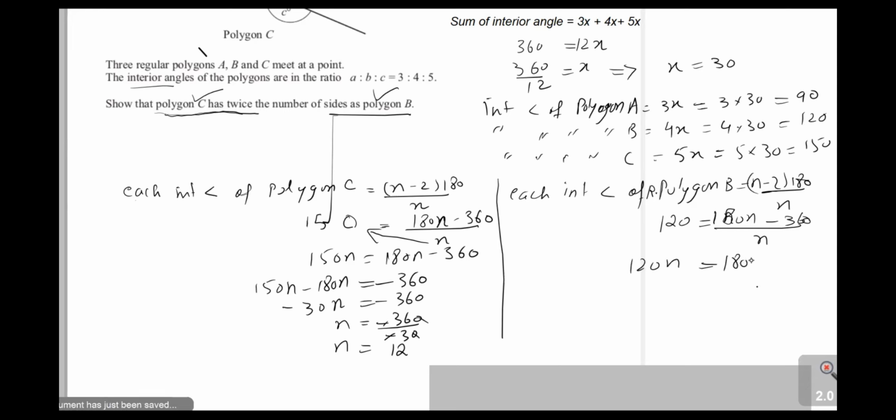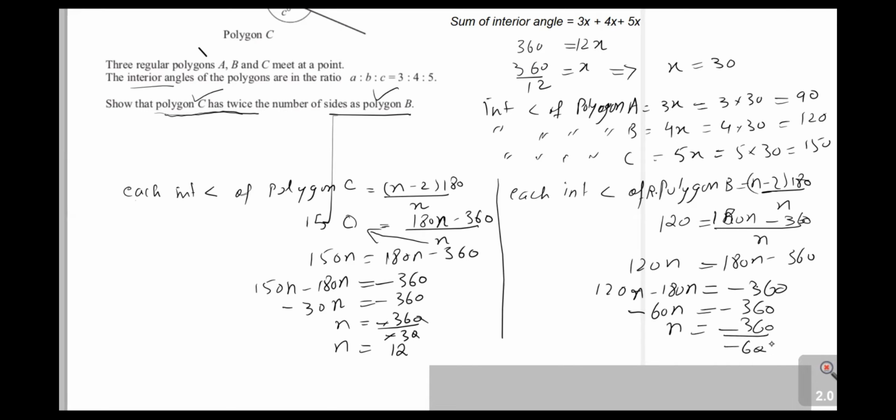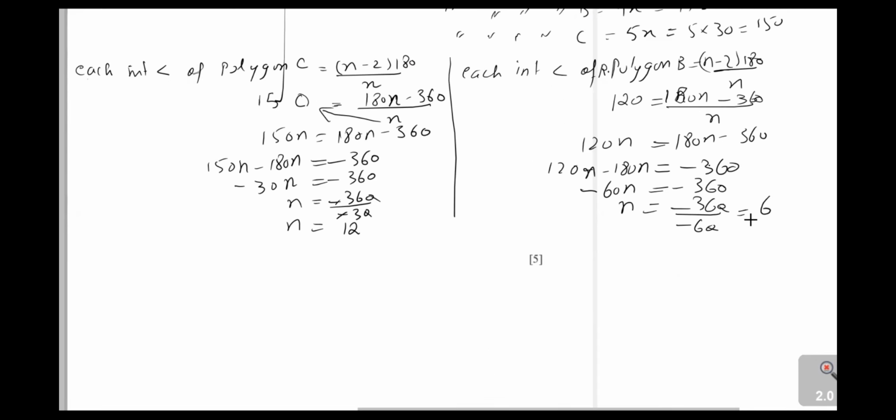This is 180n minus 360, so 120n minus 180n equals minus 360, which is minus 60n equals minus 360. n equals minus 360 over minus 60, the zeros cancel, 6 times 6 is 36, and the value of n is 6.